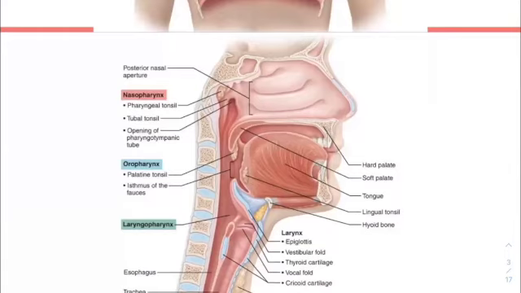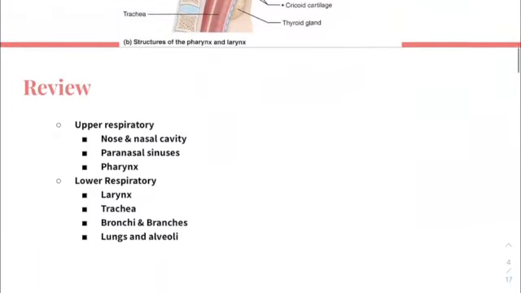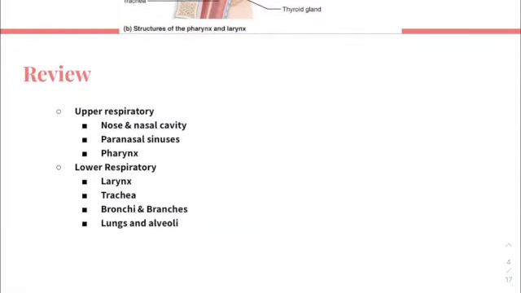But all the different, what's included in there, we have the pharyngeal tonsils, palatine tonsils, laryngeal tonsils, and the oropharynx, nasopharynx, the larynx, the glottis, the epiglottis, the vestibular fold versus the vocal fold, the trachea, the esophagus, the parts that make up the upper respiratory system versus the lower respiratory system.